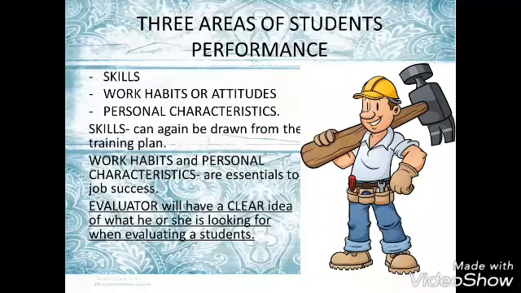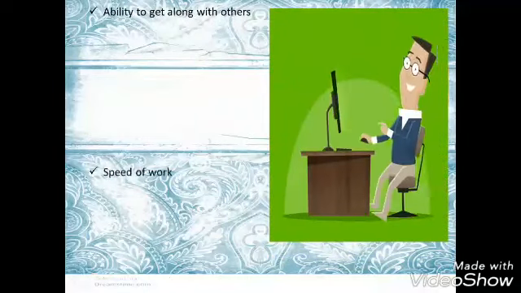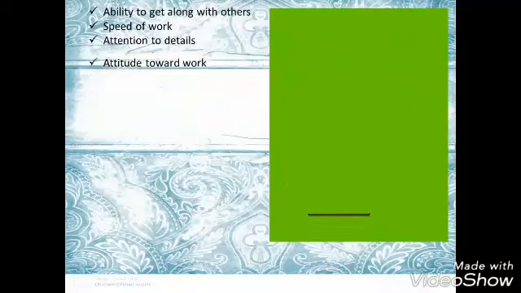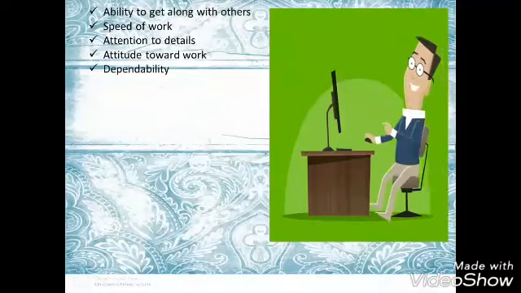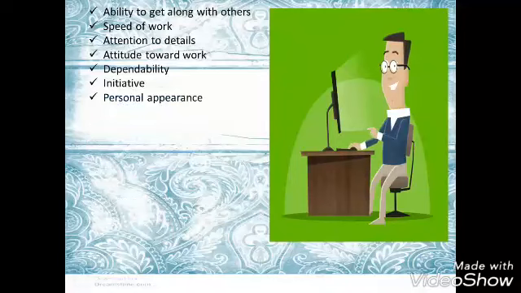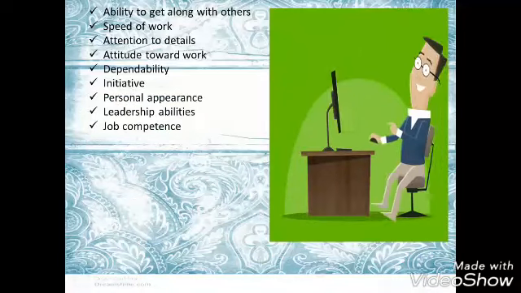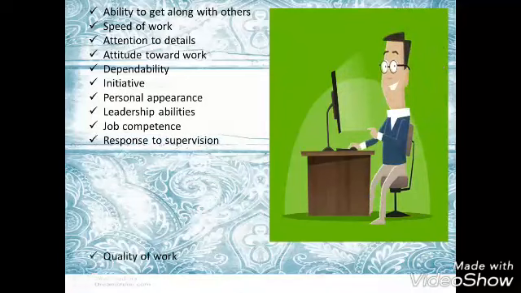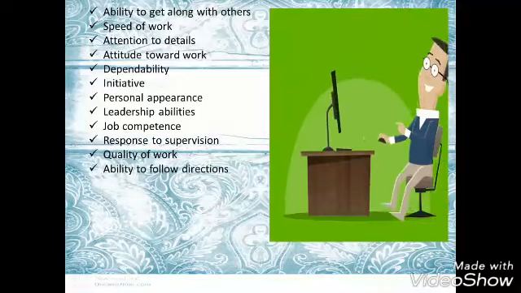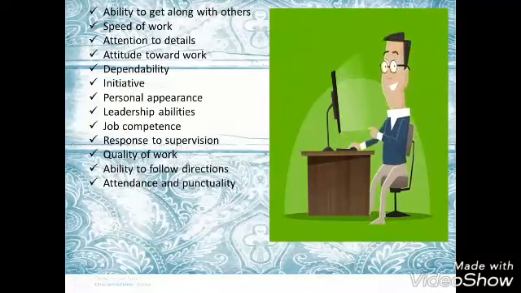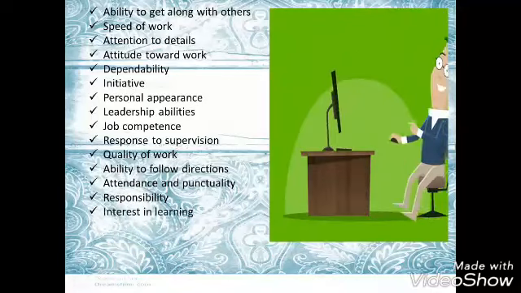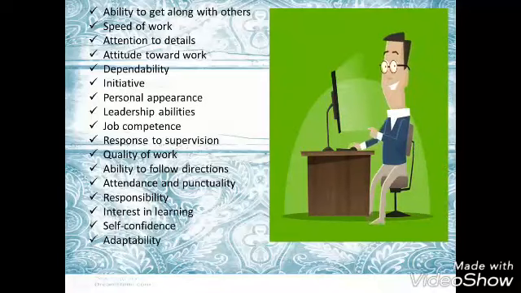Some of these types of non-technical skills may be included in the training plan, but in general, the following areas should be considered: ability to get along with others, speed of work, attention to details, attitude toward work, dependability, initiative, personal appearance, leadership abilities, job competence, response to supervision, quality of work, ability to follow directions, attendance and punctuality, responsibility, interest in learning, self-confidence, adaptability, and potential for success in the occupation.